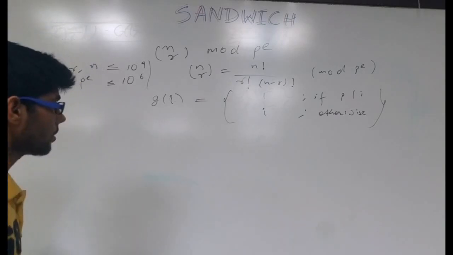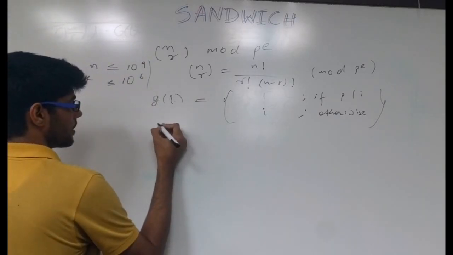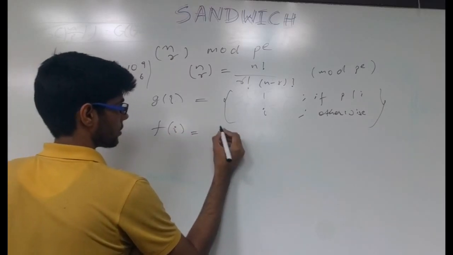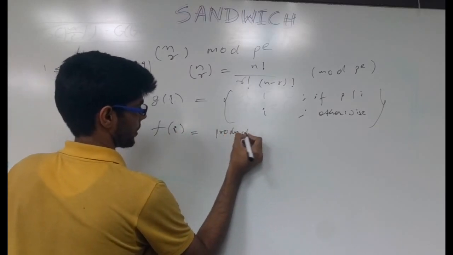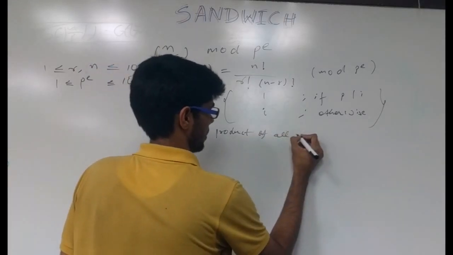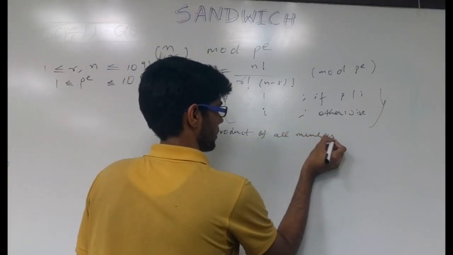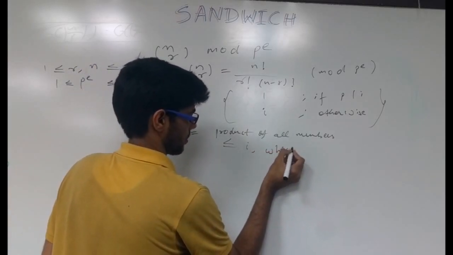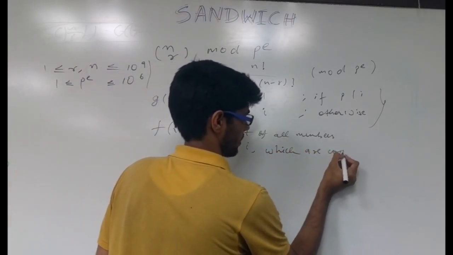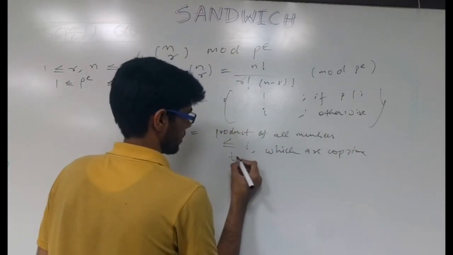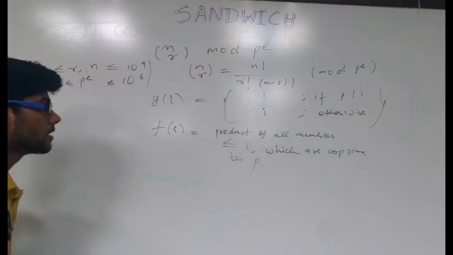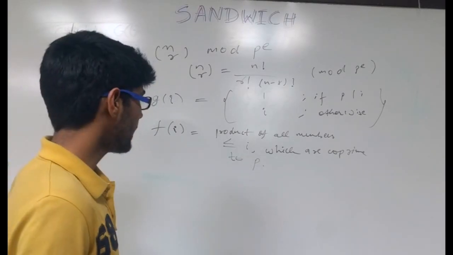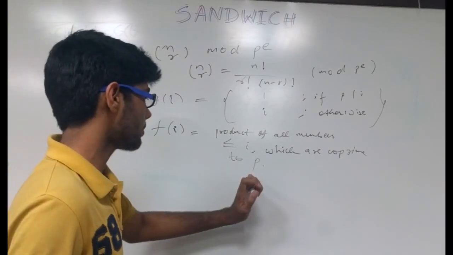Let us define another function, say f of i, equal to the product of all numbers less than or equal to i which are co-prime to p. So we find the product of all the numbers less than or equal to i, but we consider only those which are co-prime to p.